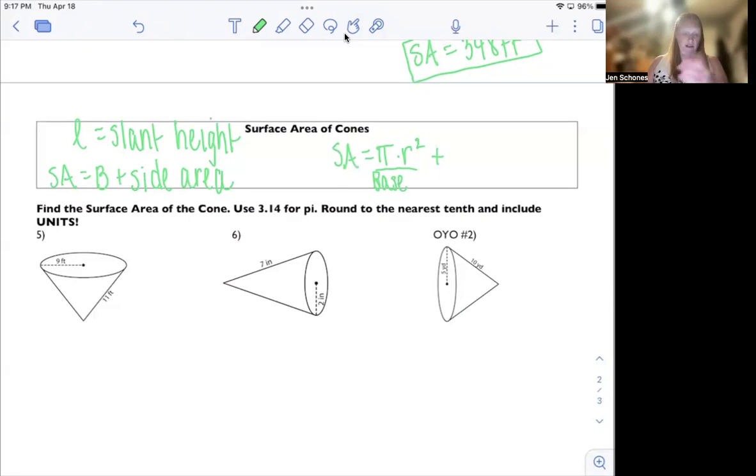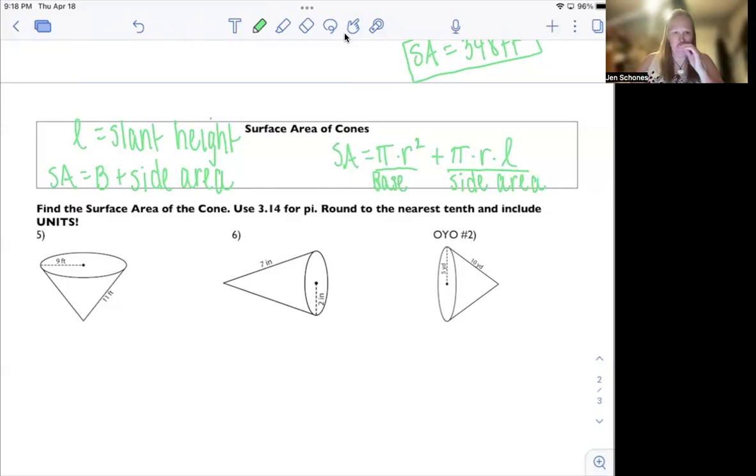Now, the side area is this weird part: pi times the radius times the slant height. So this represents the side area. I don't know how they came up with that, but you are going to see slant height in quite a few things moving forward in your math career. So now you know.